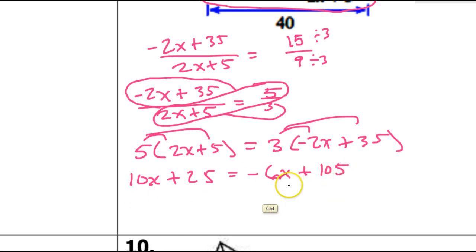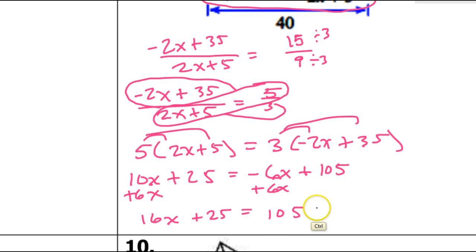Okay, time to put these x's together. I'm going to add 6x to both sides. That's going to give me 16x plus 25 is equal to 105.